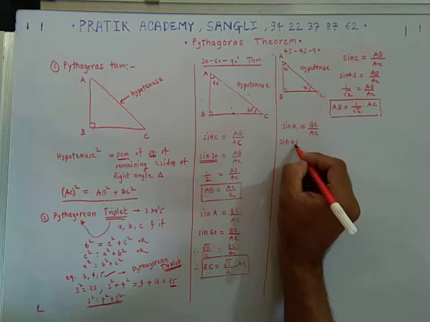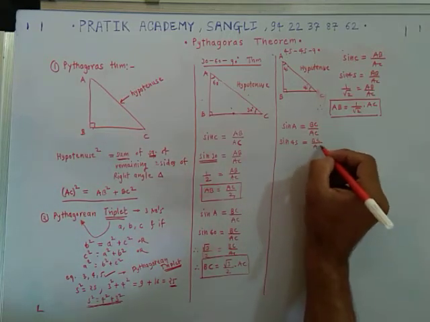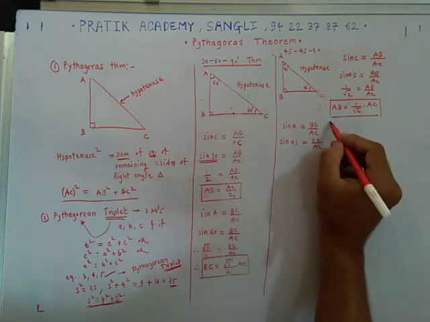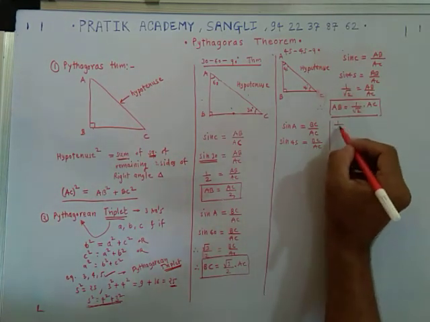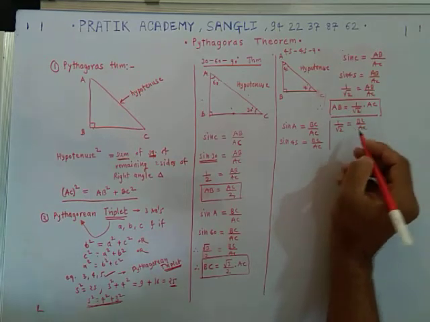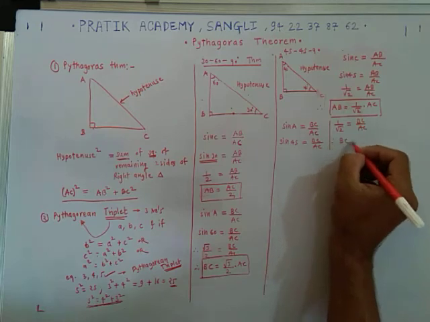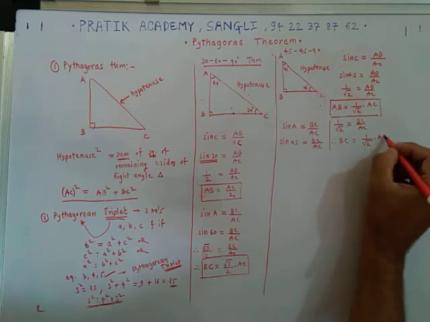So sine 45 is equal to BC upon AC. But what is the value of sine 45? Sine 45 is 1 upon root 2, that is equal to BC upon AC. Therefore again BC is 1 upon root 2 times AC.